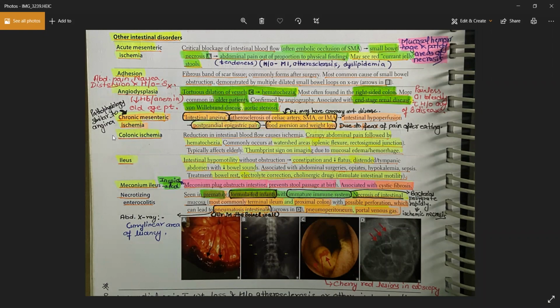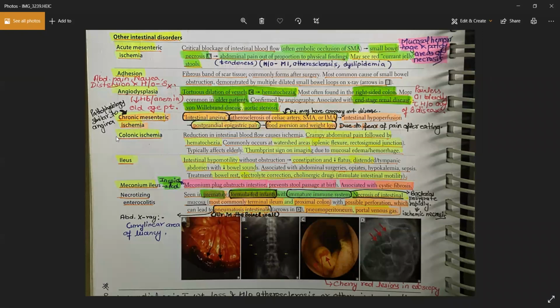Why? Because if you block the inferior mesenteric artery, then the superior mesenteric artery can provide the circulation. If you block the superior mesenteric artery, then the inferior mesenteric artery can provide the circulation. So you need to block both arteries to get colonic ischemia, and the watershed areas will be affected first. You will have the splenic flexure and the rectosigmoid junction.